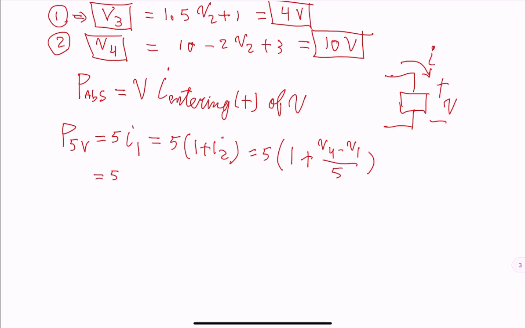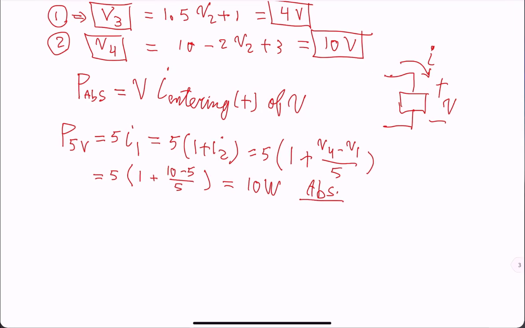That is 5 times 1 plus 10 minus 5 over 5. 10 watts, that is the absorbed power. Since we have used passive sign conventions, supplied power is negative of that.